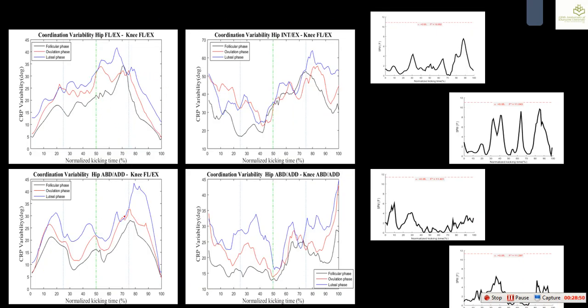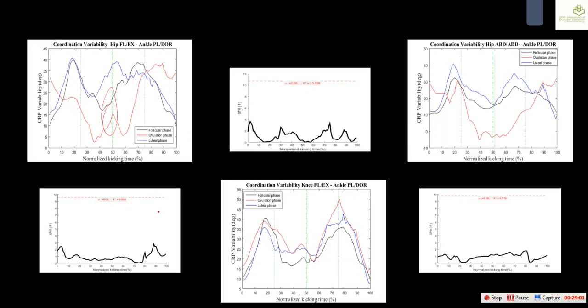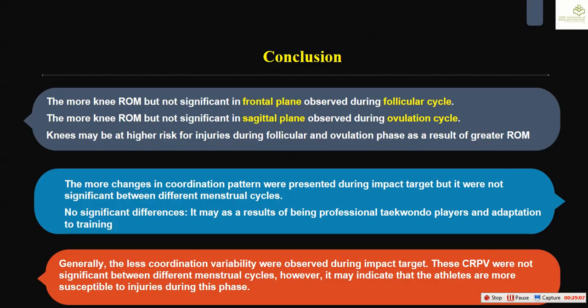However, we found from this coordination variability pattern that we had less coordination variability during the impact phase of the roundhouse kick cycles.